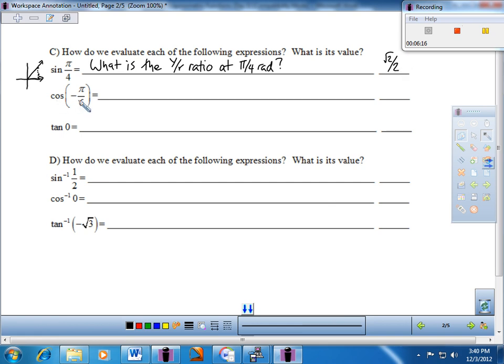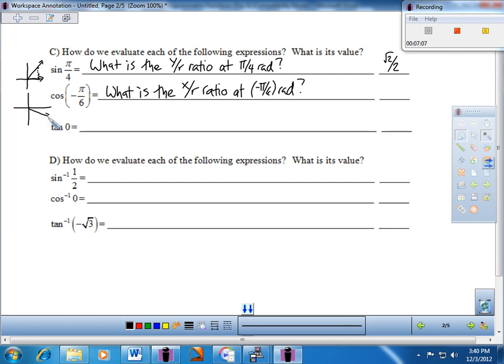When I see cosine of negative pi over 6, I would ask myself basically, what is the x to r ratio? So cosine is one of the 6 ratios for every angle measurement. So what is the x to r ratio at negative pi over 6 radians? Perfect. And so I would go right over here, and let's sketch this out.